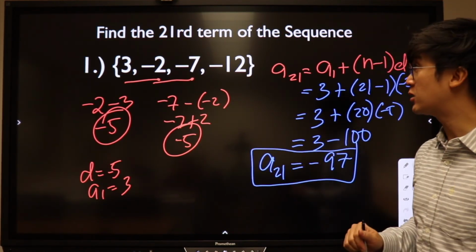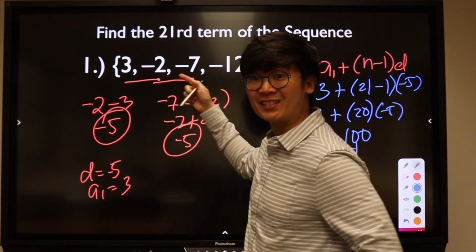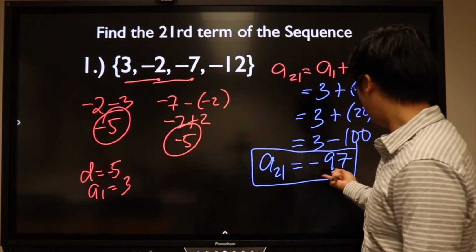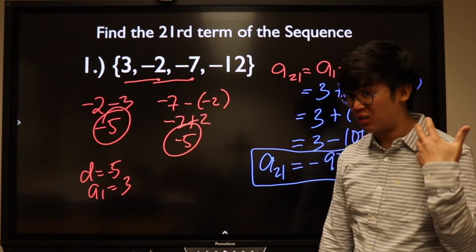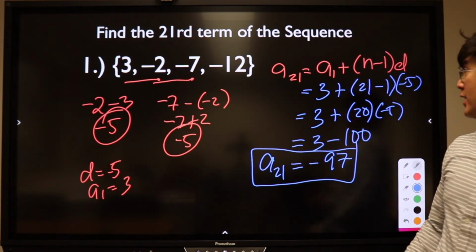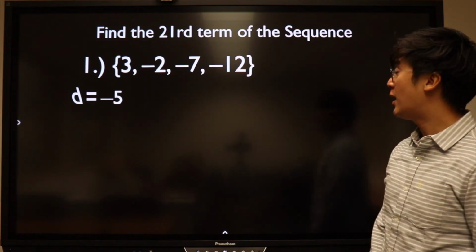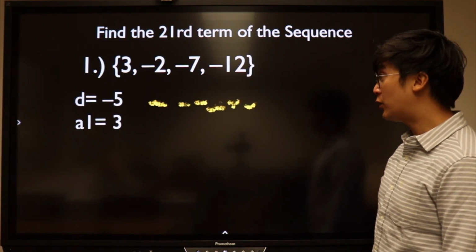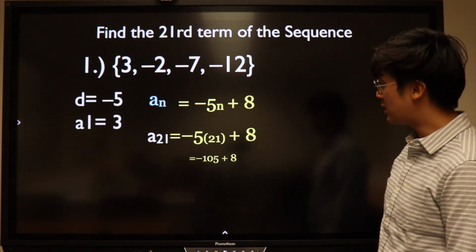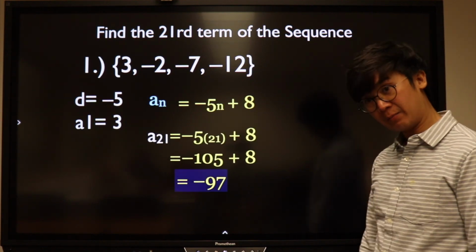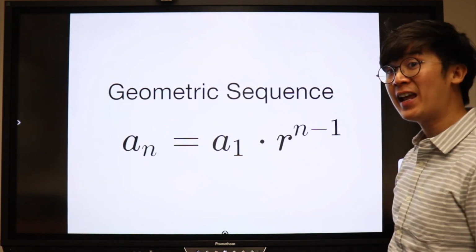And you know that your answer is right because you know that the sequence is decreasing. So, if it's decreasing, A21 is going to be a negative that is further down the negative line. So this is how we use your common difference, your first term, your formula to find your A sub 21, which is negative 97. Are you ready for the next one?